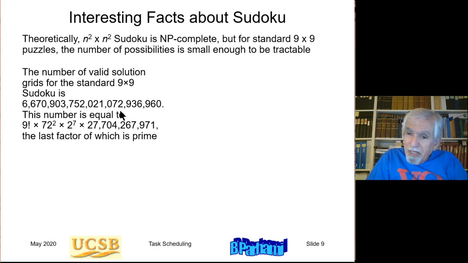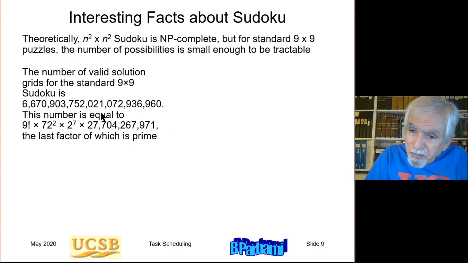And this number, interestingly, is equal to the product of these 4 numbers: 9 factorial, 72 squared, 2 to the power 7, and this number, 27,704,267,971, which happens to be a prime number.